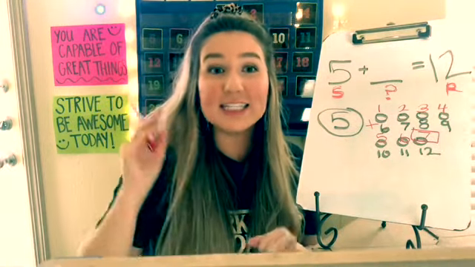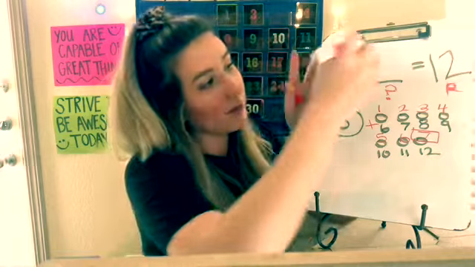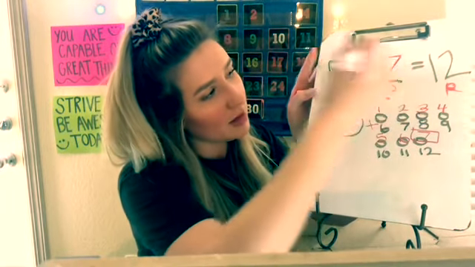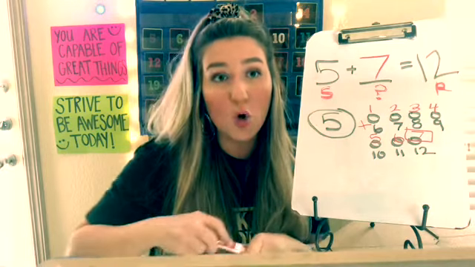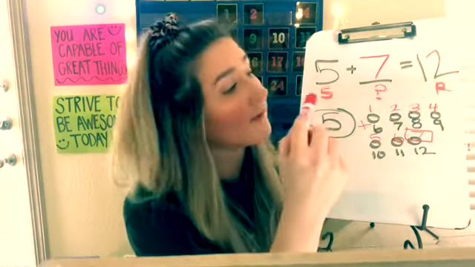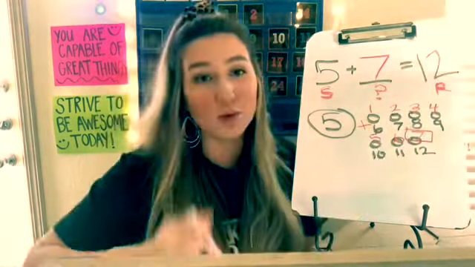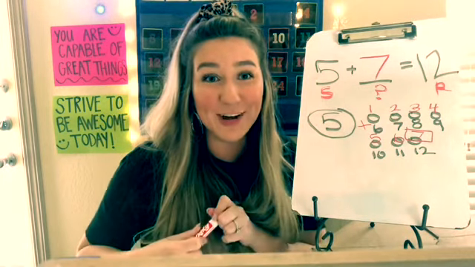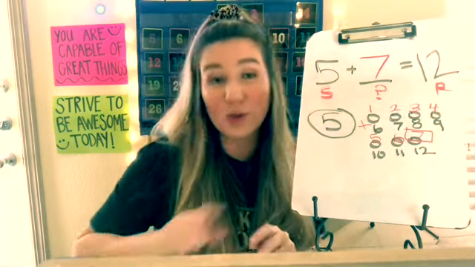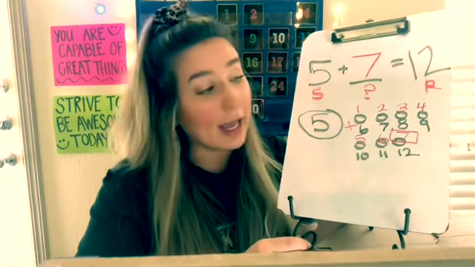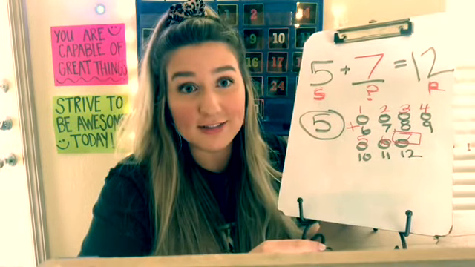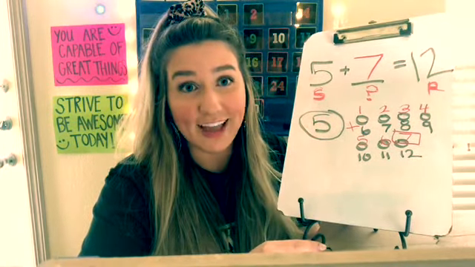So it took 7 more to get from 5 to 12. Okay, so your answer to this problem was 7. 5 plus 7 equals 12. Okay, great job on this one. If you did not get it right, go ahead and pause the video and take a look at what you could correct.